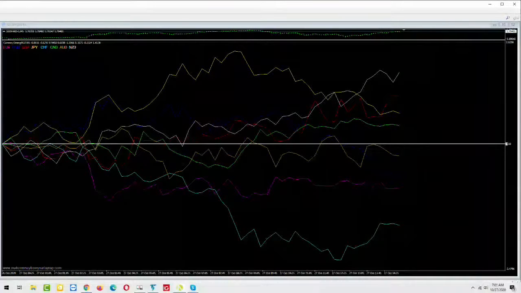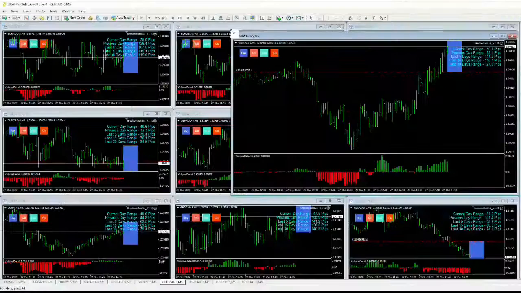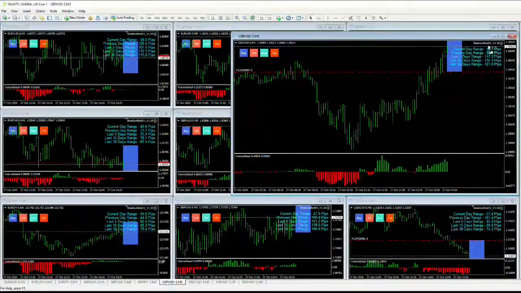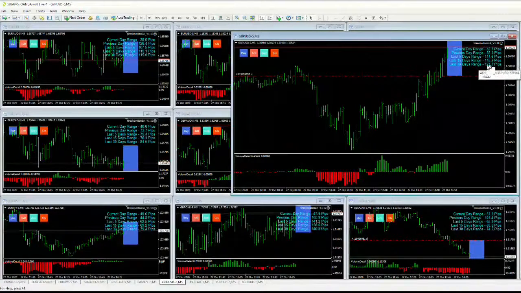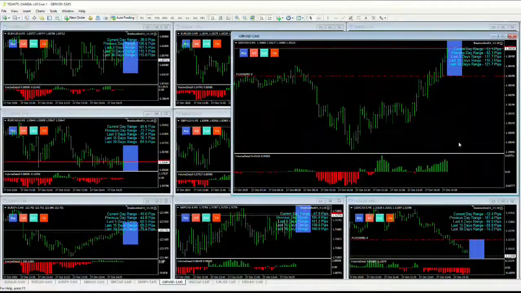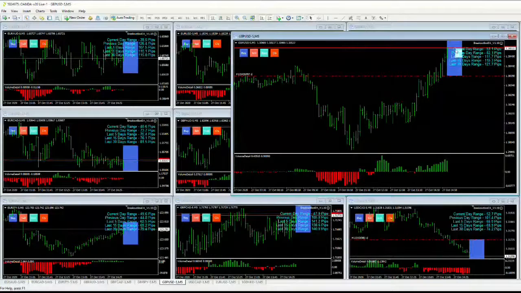And if we have a look at that on the regular session over here, let's see if we can pull this up here. We can see that the pound, and I actually put on a breakout trade at the top of this box over here. The pound's only moved 50 pips for the day, and its average is typically into the hundreds, 115, 120, and we've got a nice upward motion leading up to that.